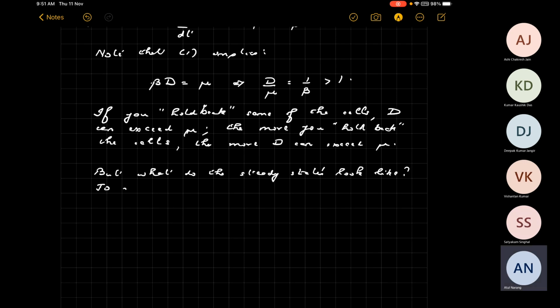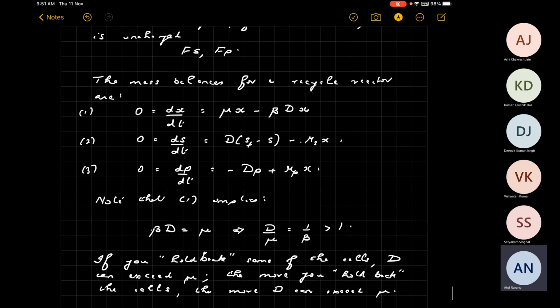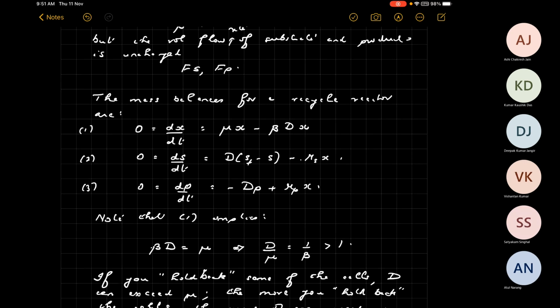So to answer this question, we first have to assume some kinetics. We have to say what the functional forms of mu, Rs, and Rp are.